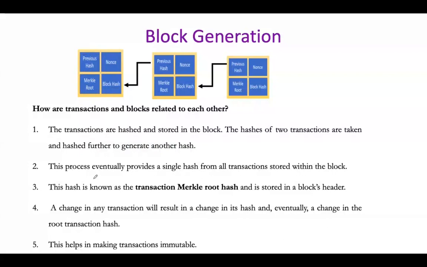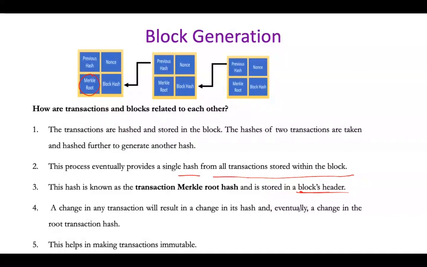This process eventually provides a single hash from all the transactions stored within that block, which leads to your Merkle root. This hash is known as the transaction Merkle root hash and is stored in a block's header field, not in the transaction field.